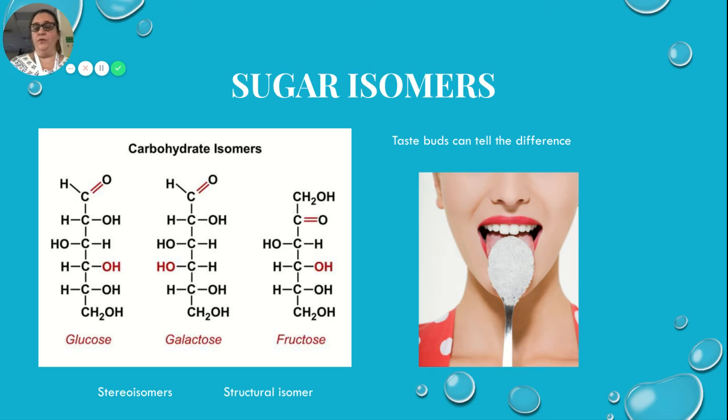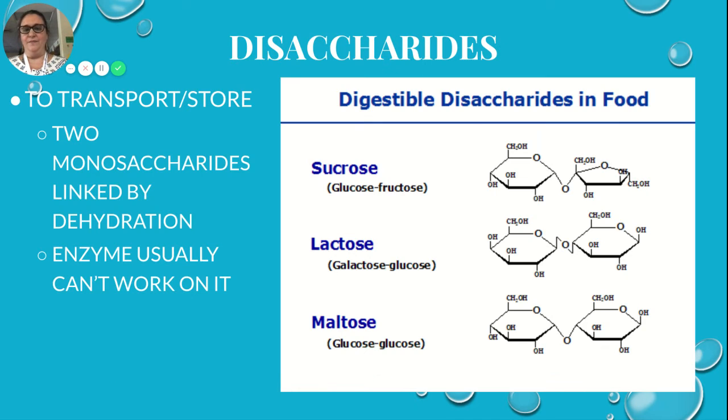So same formula, just different structure, different carbon skeleton. But it's really cool because even though they all have the same formula, our taste buds can actually tell the difference between the 3. And if we were together, we could taste a little glucose and fructose, and you can see that you can actually taste the difference.